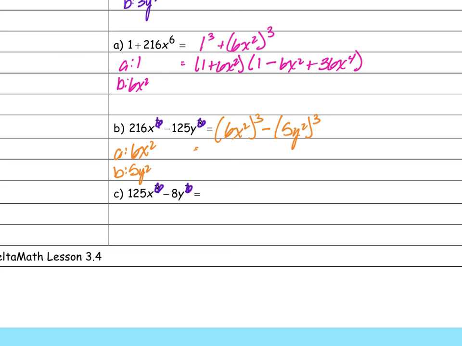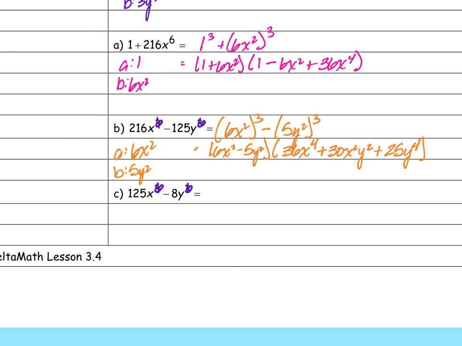So this is a minus here. So this would be 6x squared minus 5y squared. And then A squared would be 36x to the 4th power. And then plus A times B, 30x squared y squared, plus B squared, which is 25y to the 4th power.